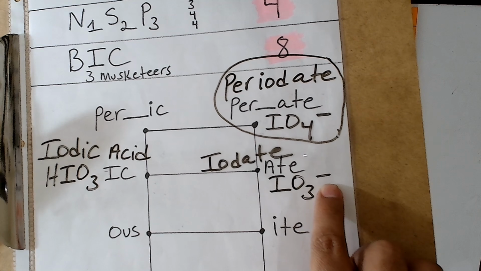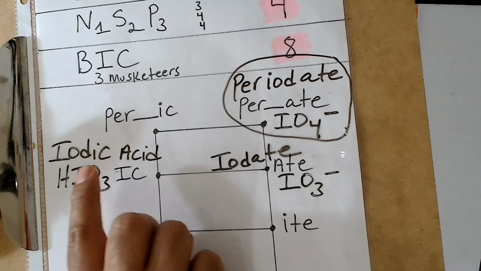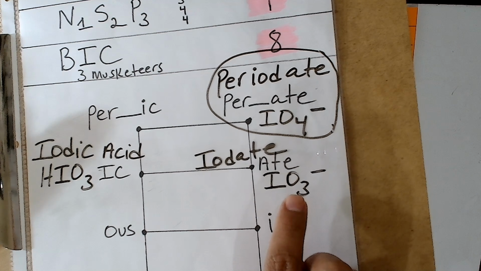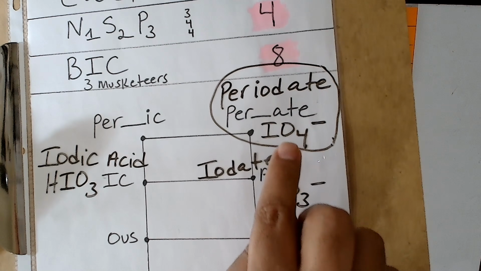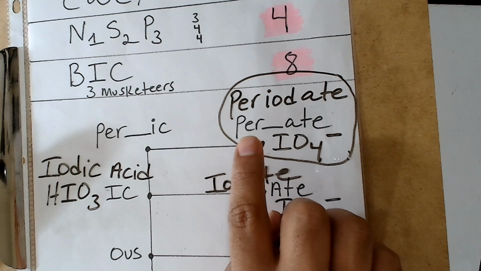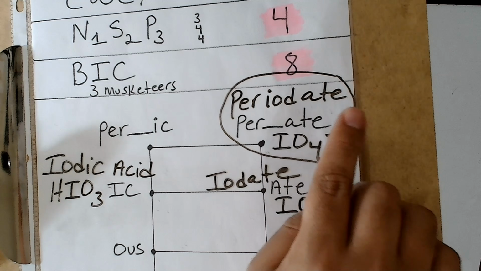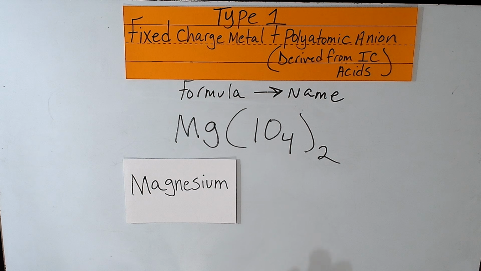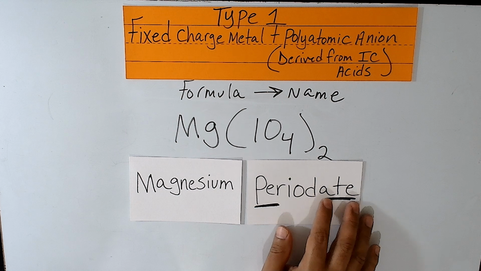That's what this represents. And it goes from ic to the suffix ate, so you would have iodic and iodate. And now, if the anion has 1 extra oxygen, then you're going to have the prefix per and the suffix ate. So that's going to make the anion be periodate. So our chemical name is going to be magnesium periodate.